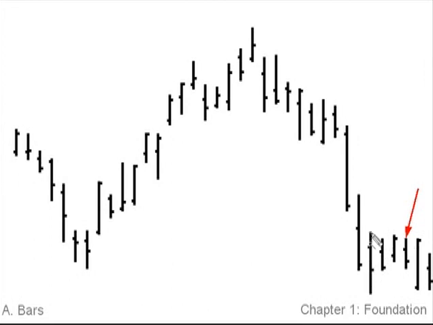Again, non-move, as it does not take out the high and the low of that reference bar. Same with this one and that bar. In fact, all of these bars are non-moves. They're just going sideways. The market is simply treading water in this scenario.